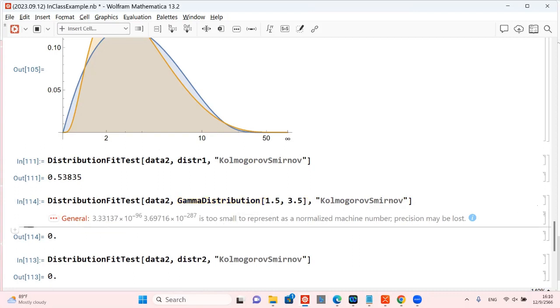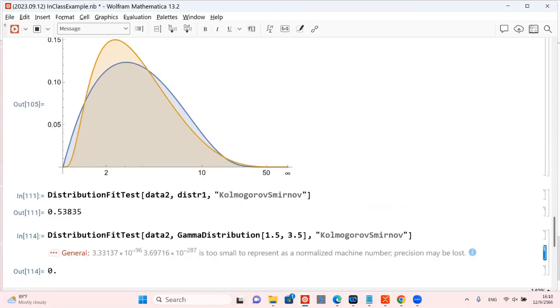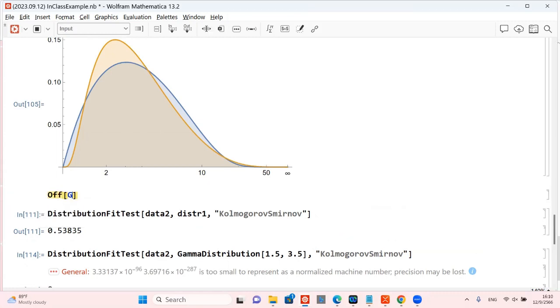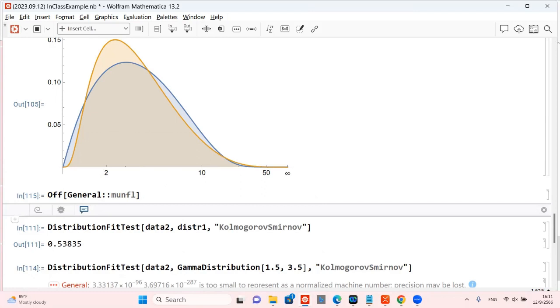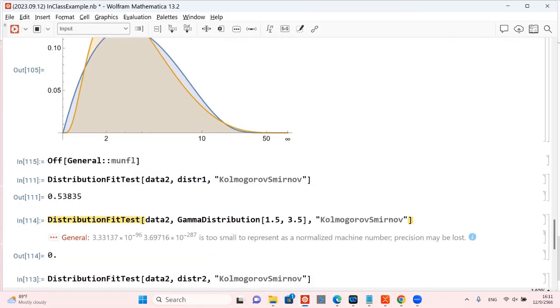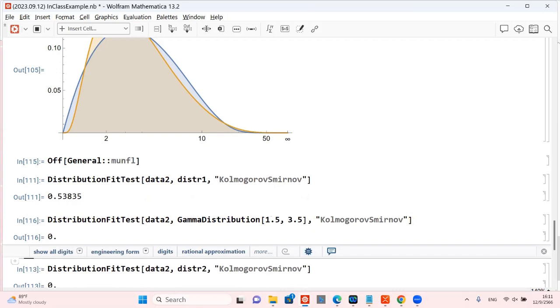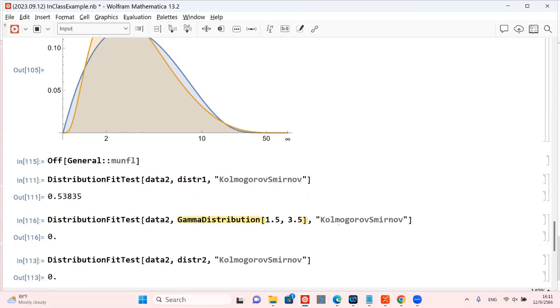This is a warning of numerical underflow. I can turn it off actually. Off. This is a warning for general number flow. Right. So let's say I put here 3.